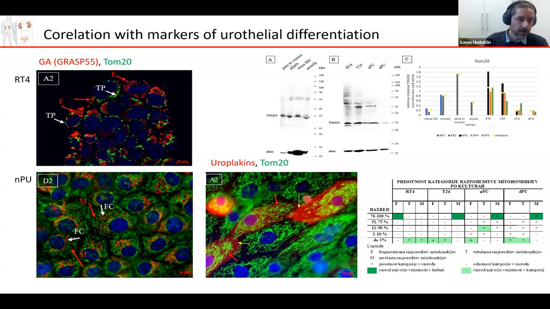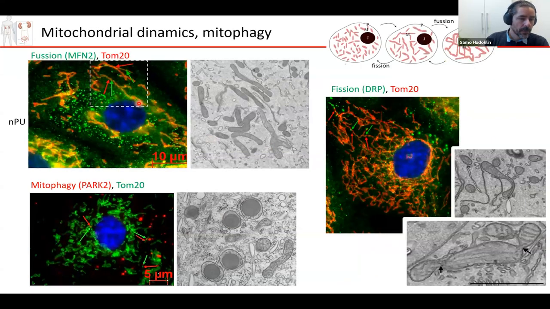We did some quantifications, and at the end, we came to the question that those differences that we observe within different types of urothelial cells are probably to a certain degree the consequence of mitochondrial dynamics.